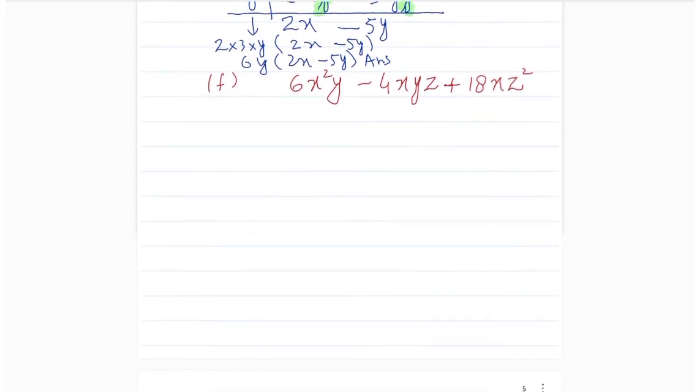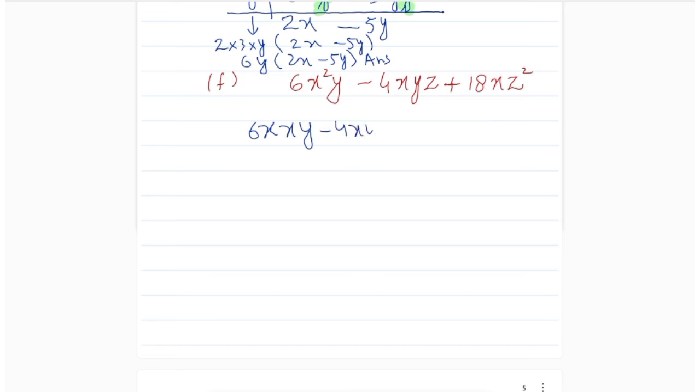Similarly, in the last example, I'm writing here, there are 3 terms. So applying the same method for 3 terms is the same. 6x square y, we can write it as xxy, minus 4xyz plus 18xz square, meaning zz.